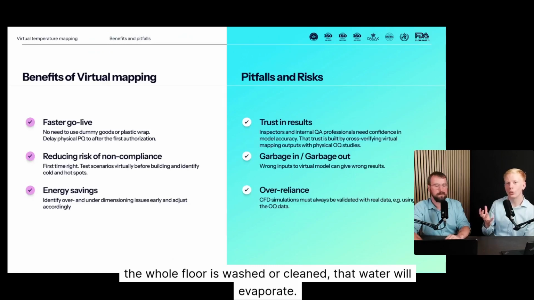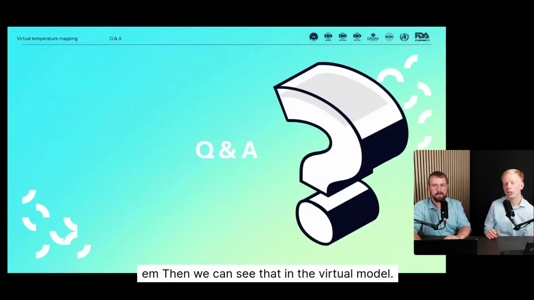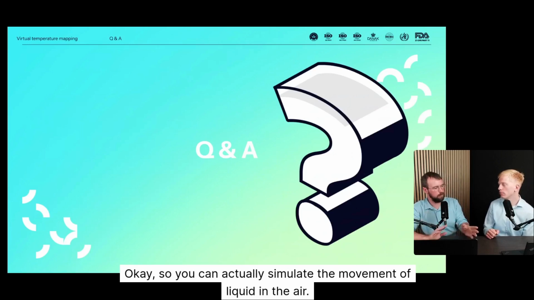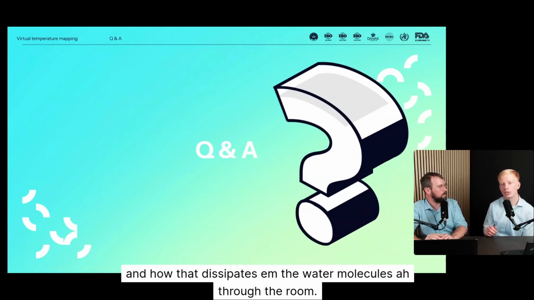That water will evaporate. Is that going to pose a risk of mold in the warehouse? Then we can see that in the virtual model. Okay, so you can actually simulate the movement of liquid in the air. Yeah, and how it dissipates the water molecules through the room.